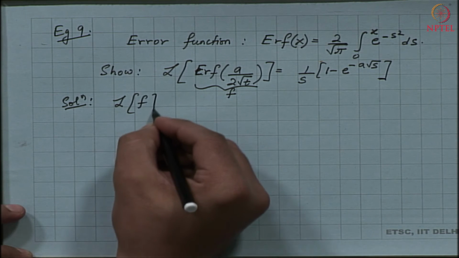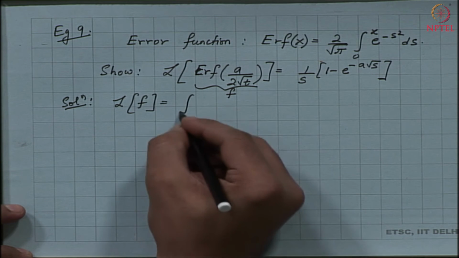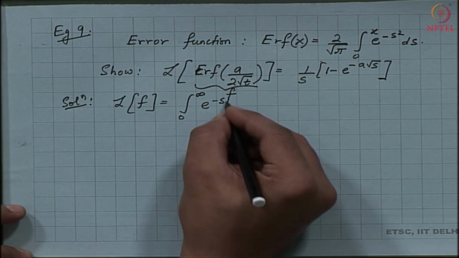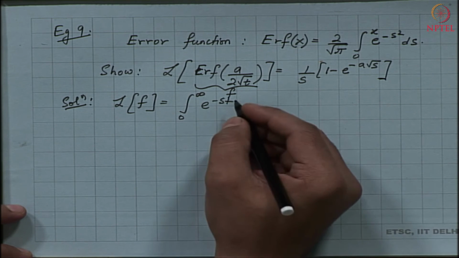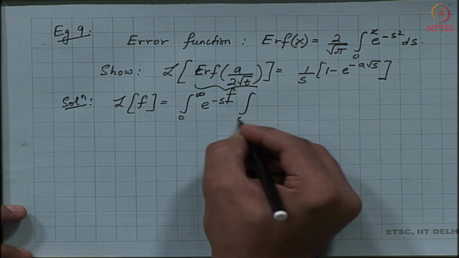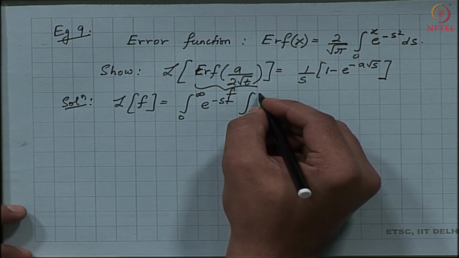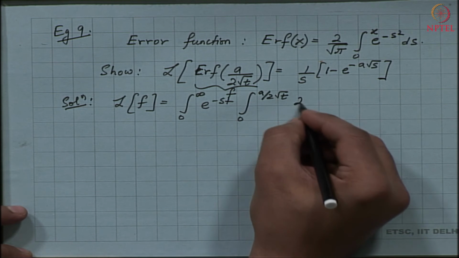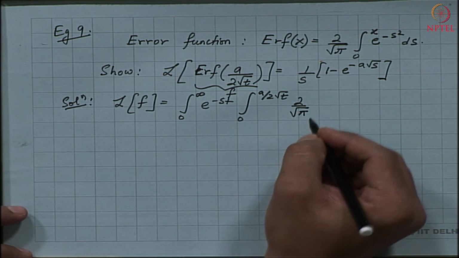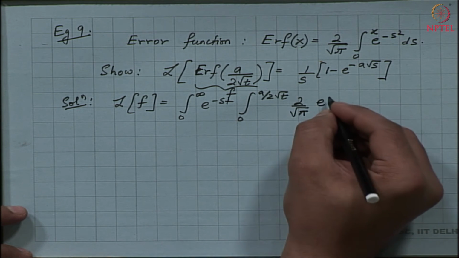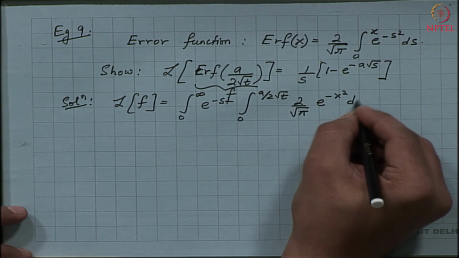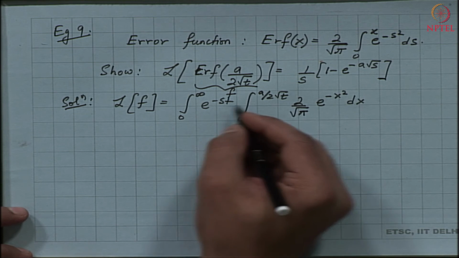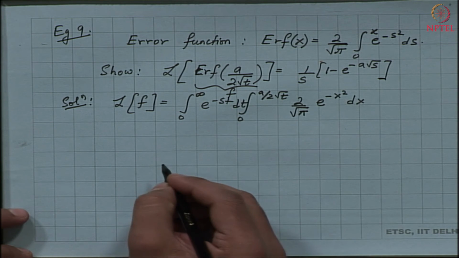So, my Laplace transform of f is given by the integral from 0 to infinity of e to the power minus s t, then the second integral from 0 to a by 2 square root t of 2 by square root pi e to the power minus x square dx. And then I also have a dt here as well.